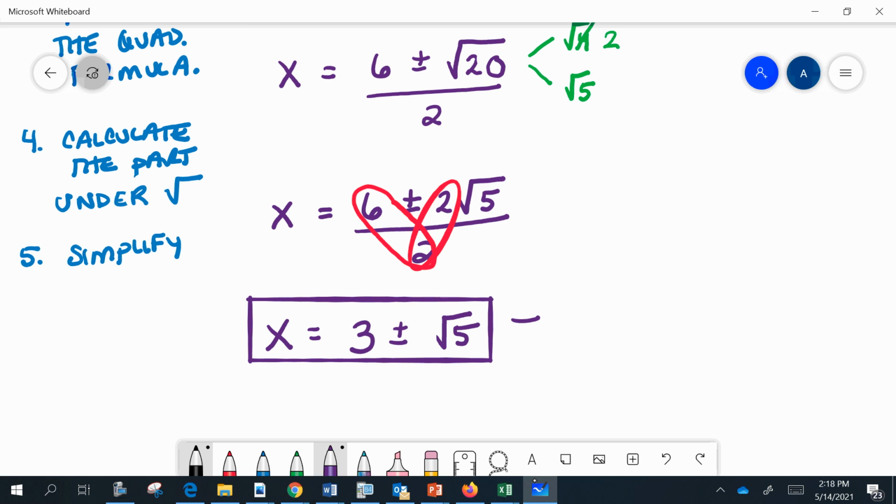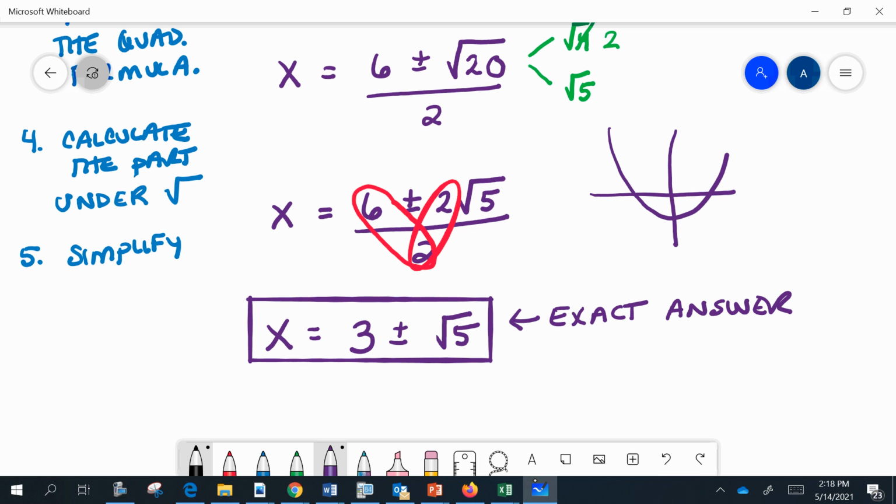The approximate answer is going to be the decimals, but giving your answer in terms of a radical is the exact answer. And again, what we're doing when we solve a parabola, we are calculating the roots. We are figuring out the x-intercepts. It's the roots, it's the x-intercepts that we're finding when we solve a parabola. And that's why we get 2 different values of x.